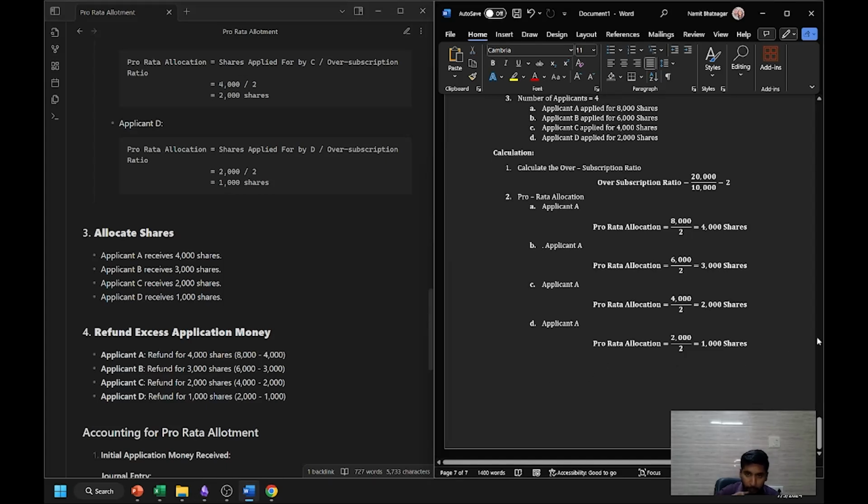That means the third step will be allotment of shares. We have to allocate the shares.